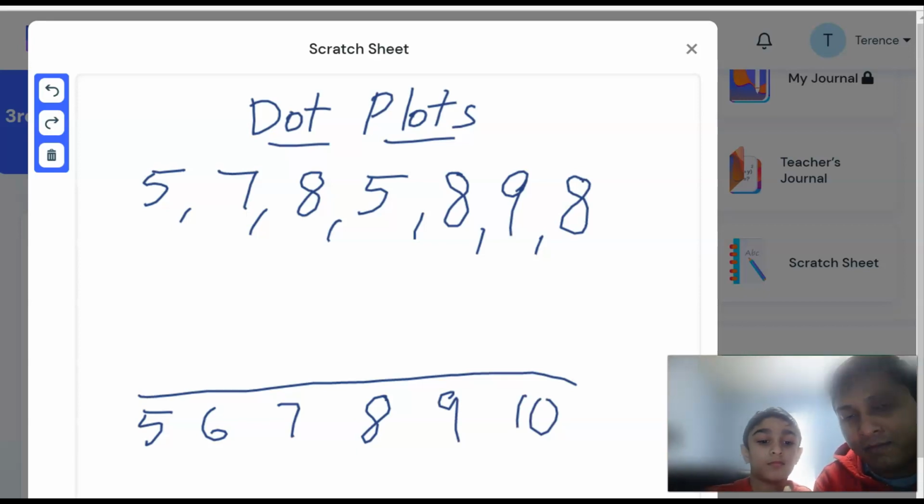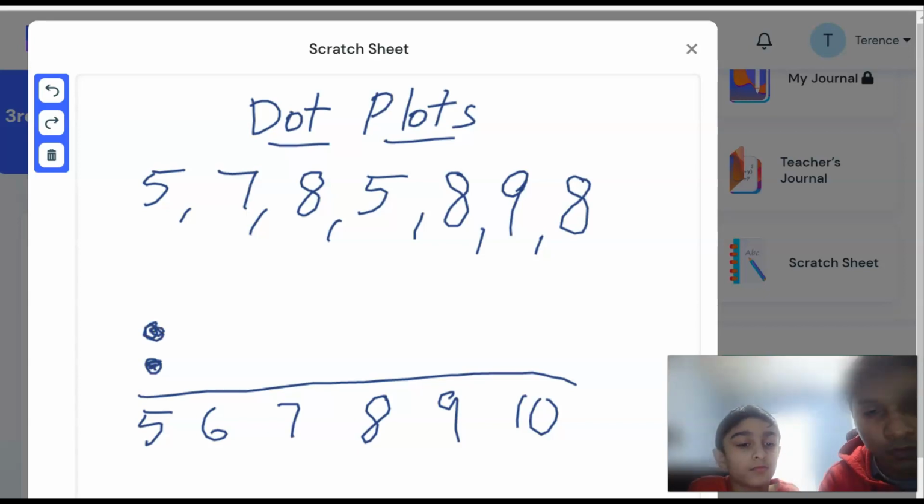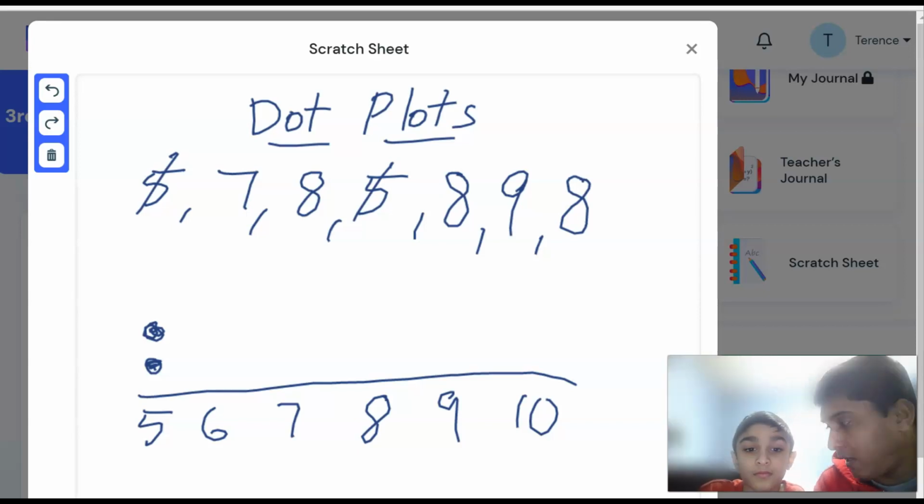So 5. How many times did you run 5 miles per hour? 2 times. So you get 2 dots here. 1, 2. Did you see that? So we selected these 2, and there are 2 5s that you made, right? But how many times did you run 6 miles per hour? 0 times.